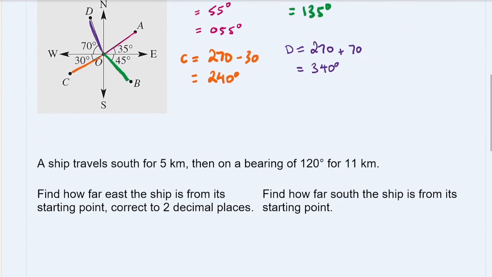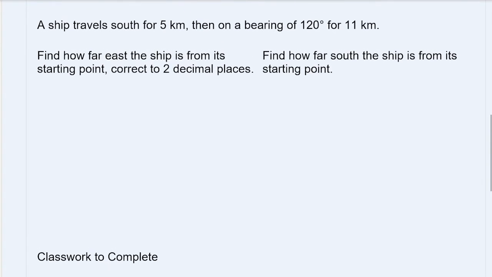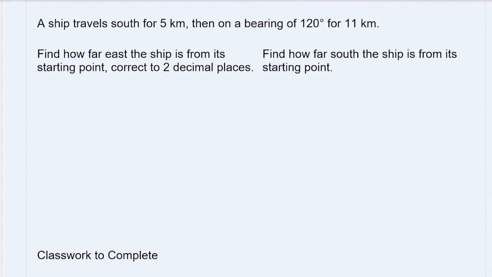Let's look at a slightly more difficult task. We're going to have a ship traveling south for 5 kilometers, and then it's going to go on a bearing of 120 degrees for 11 kilometers. So what we're going to do is draw this picture. I'm going to get my pencil and start with a basic north, south, east, west line.